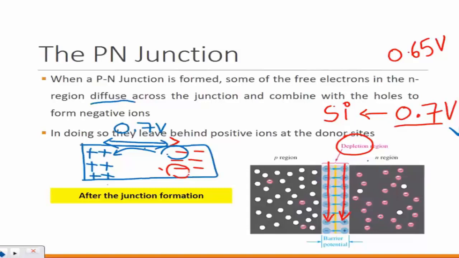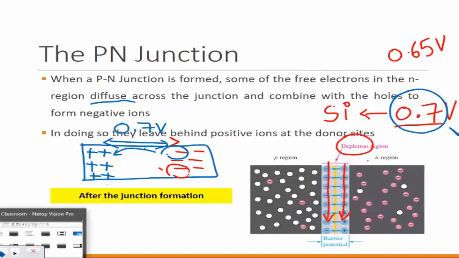It may not shrink all the way to 0 volts, as I said. You initially start ideally at 0.7. But if you apply a little bit higher voltage, let's say you apply 20 volts, which is way higher than 0.7, it will increase the force for these electrons to push through the barrier, but the depletion region may shrink a little bit only.